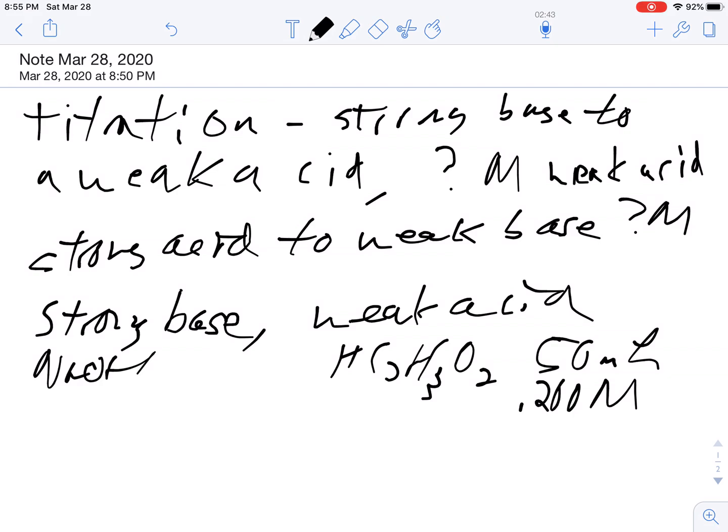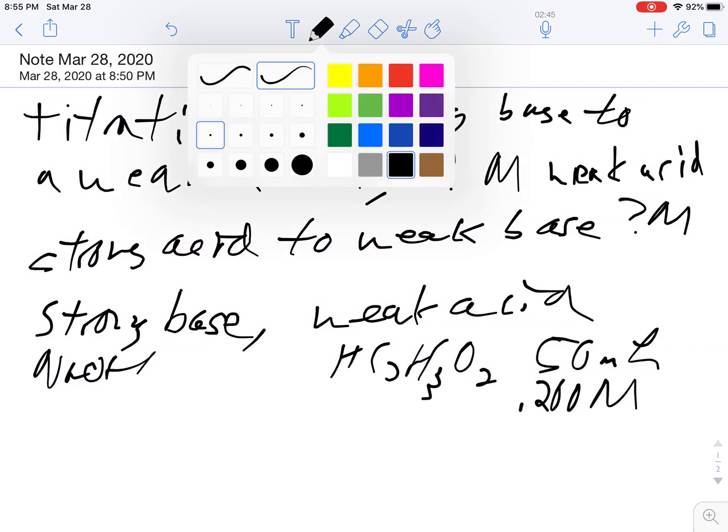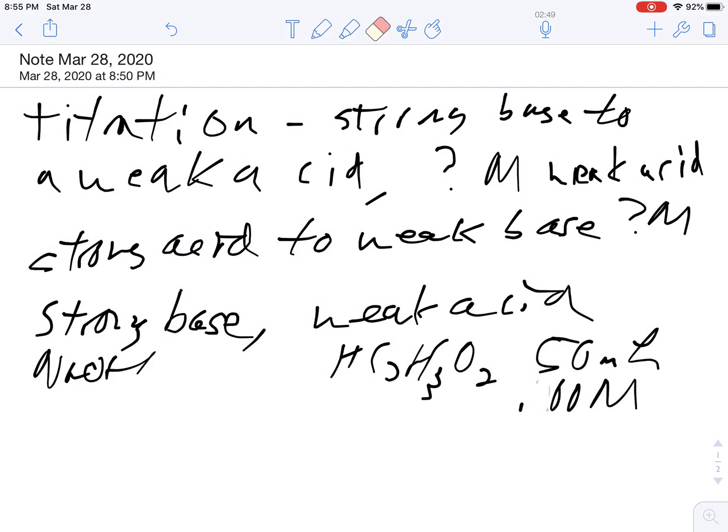Let's go with 0.2 molar. No, let's stick with 0.1 molar. It'll be good to see a couple ways to do the same problem. And we're going to go with the same concentration over here.